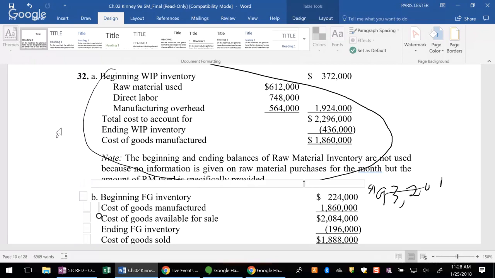656. All right, now I agree with you, Lorenzo. You took raw materials of 93.2, and you added 656, and you got materials available. And you subtracted 69.6, and you got raw materials used of how much? I got 679,600. All right, now I'm trying to see.